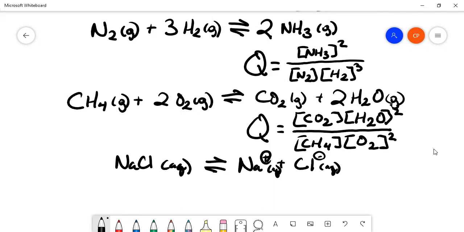Why is this such a bad example? Why does sodium chloride dissolve in water in the first place? What's the big thing that drives sodium chloride dissolving in water? It's up there.